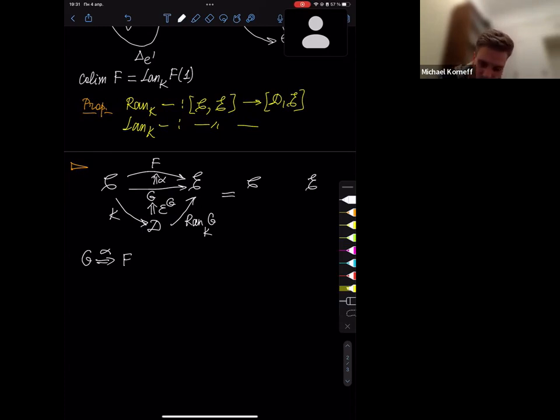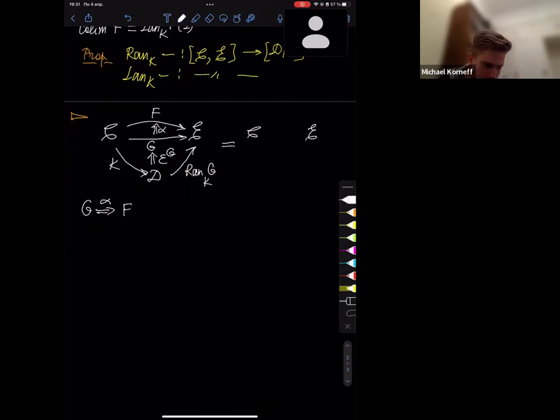We can use the universal property of right Kan extension, and then we obtain the following.